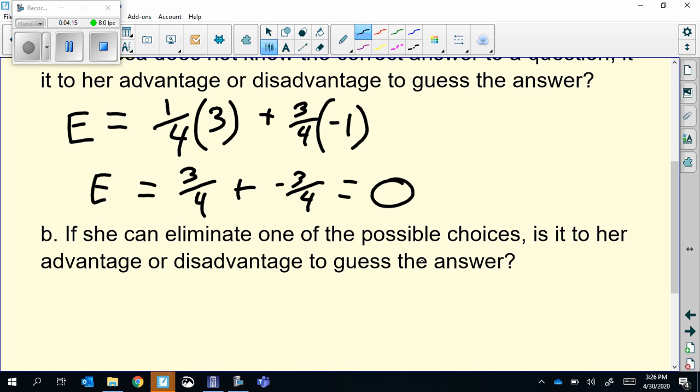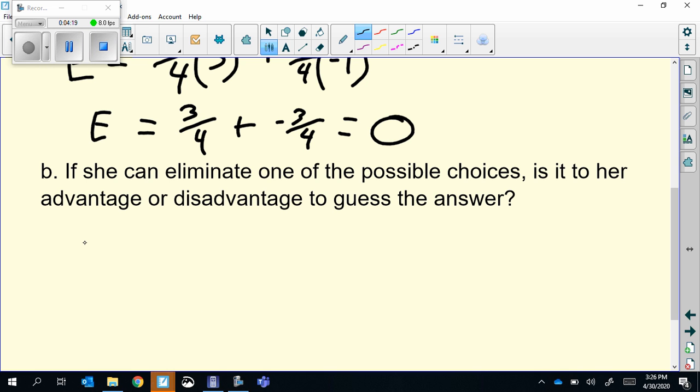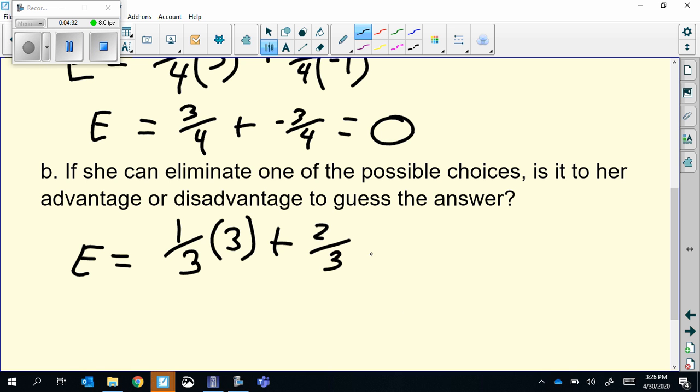If she can eliminate one of the choices, is it in her advantage or disadvantage to guess? So now she eliminated one. She knows it's not correct, which means now she has a 1 out of 3 chance of getting it correct and getting those 3 points. And she has a 2 out of 3 chance of getting it wrong and losing a point. So we get 3 times 1/3 is 1, plus -2/3.